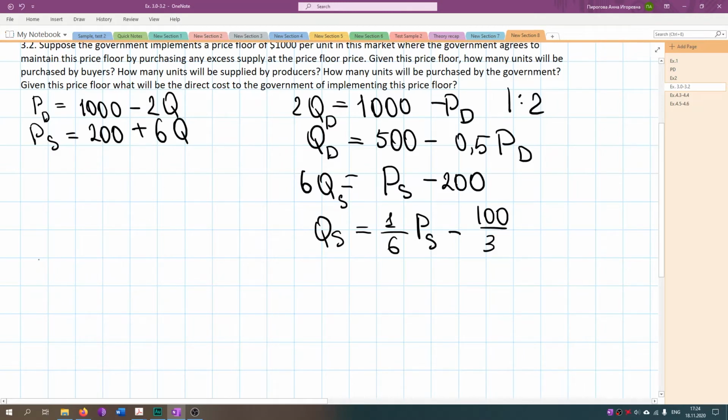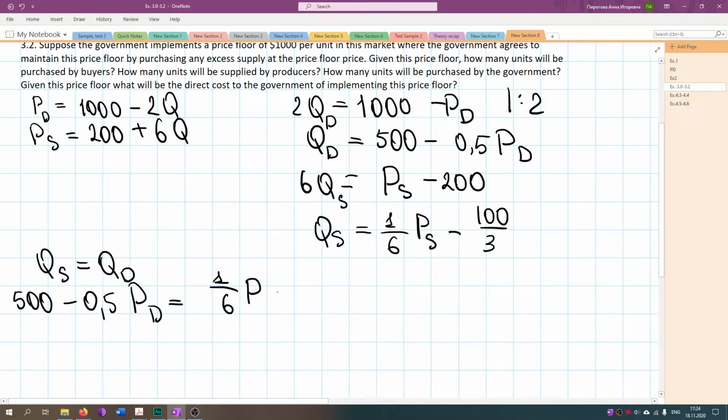And our second step will be to equalize the quantity supplied to quantity demanded. So 500 minus 0.5 price is equal to 1/6 price, we can just write price because it is one price and it is the equilibrium price, minus 100 divided by 3.